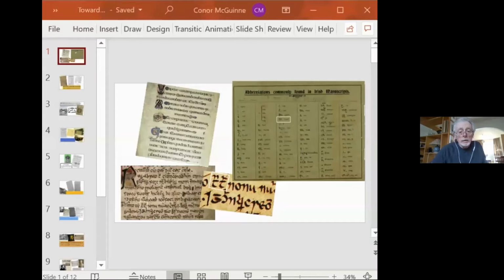I want to share screen. Share. Is that working? Well, I'm not sure.